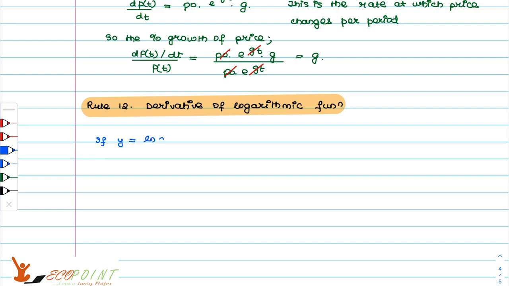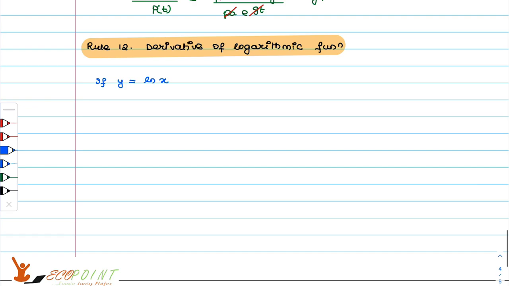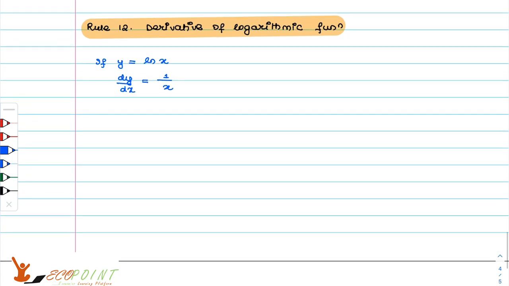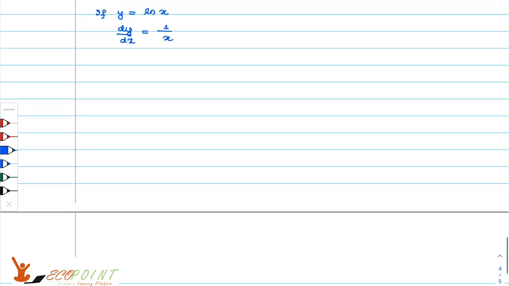So if you have a function like this, y equals log x, then dy by dx is 1 upon x. This is your derivative of the logarithmic function. The chain rule can be applied here as well.